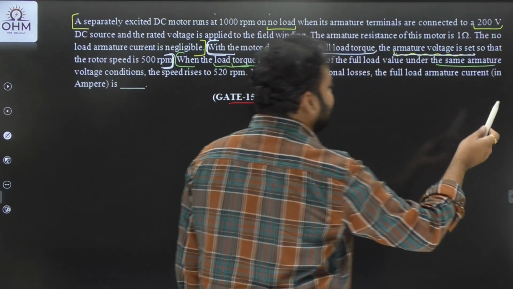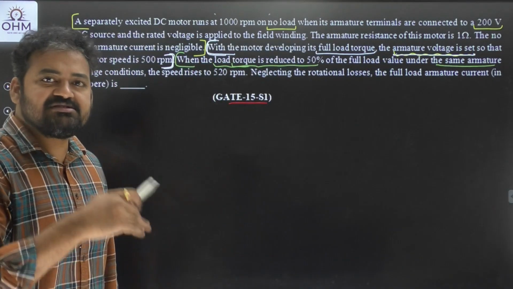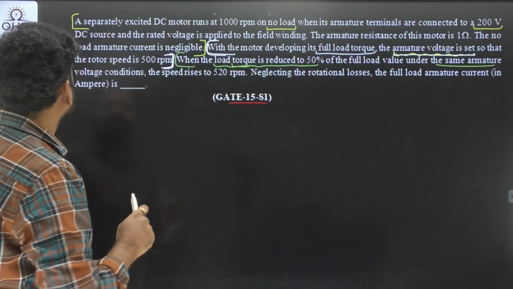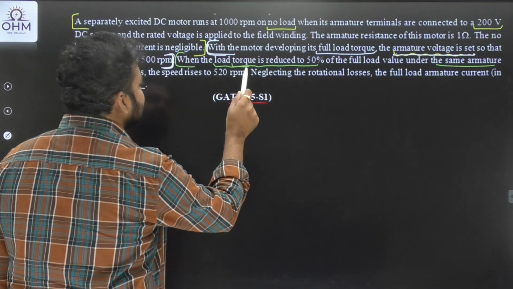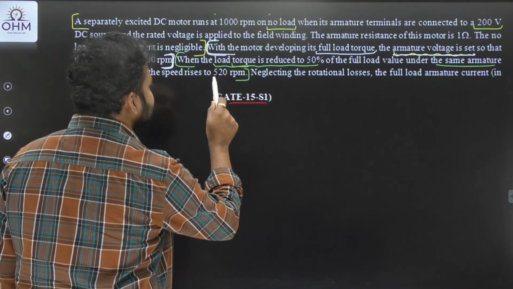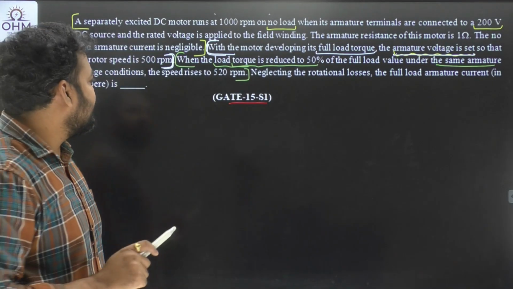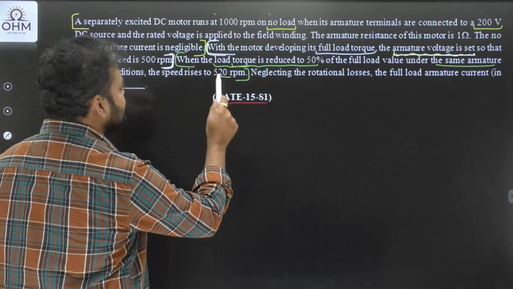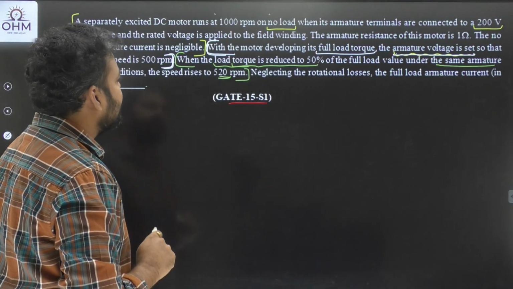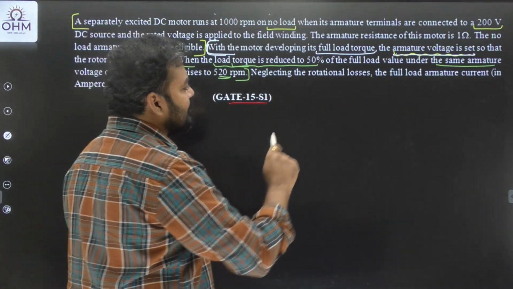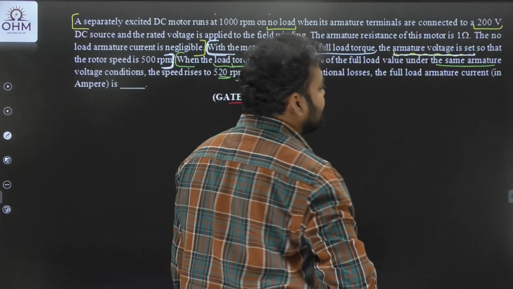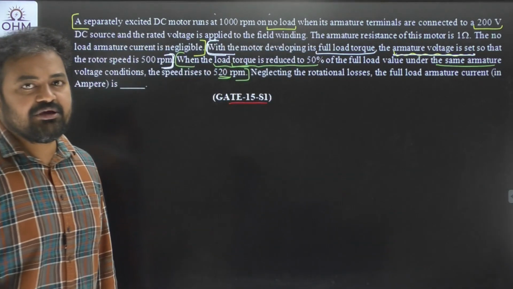That means whatever voltage we used in the second case, the same voltage is continued. The speed is raised to 520 RPM. This is the third case, guys, the half load torque condition. Now the speed is raised to 520 RPM. Now, neglecting the rotational losses of the machine, what is the full load armature current drawn by the motor?